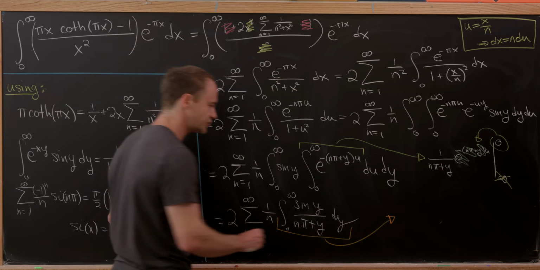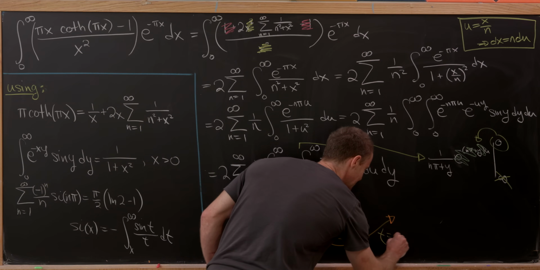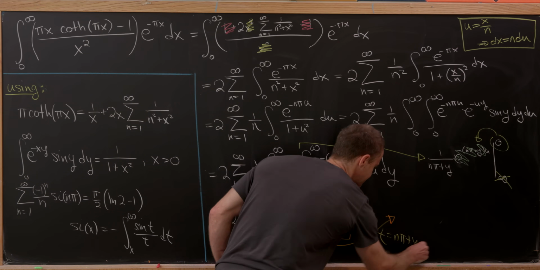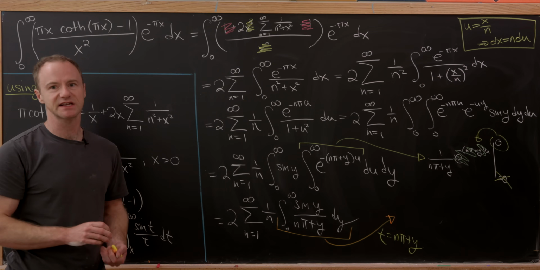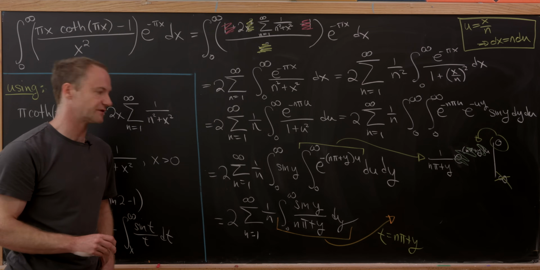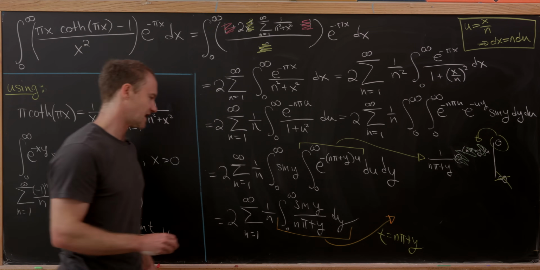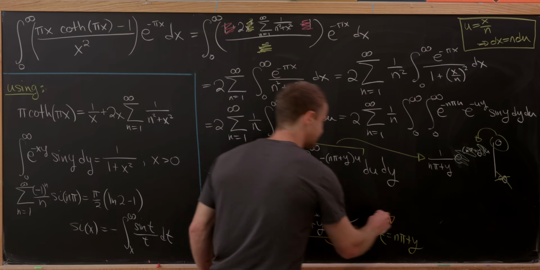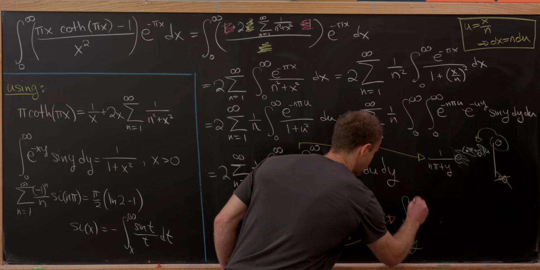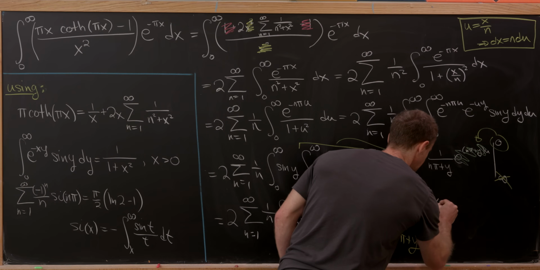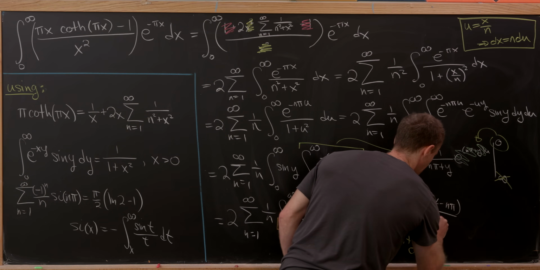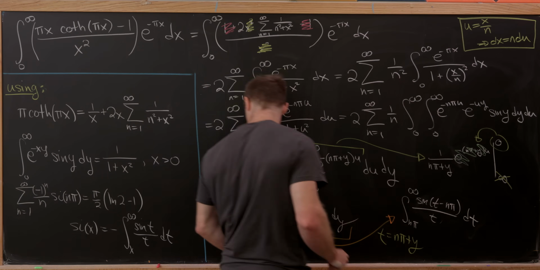The substitution will be to set t equal to n pi plus y. Notice that means dy is simply dt, but that's going to change our lower bound of integration from 0 to n times pi. So this thing is now going to be n times pi up to infinity, and then we'll have the sine of (t minus n times pi) over t dt.